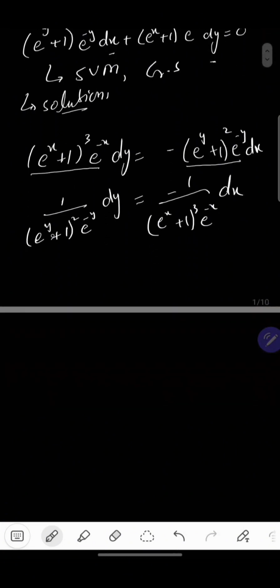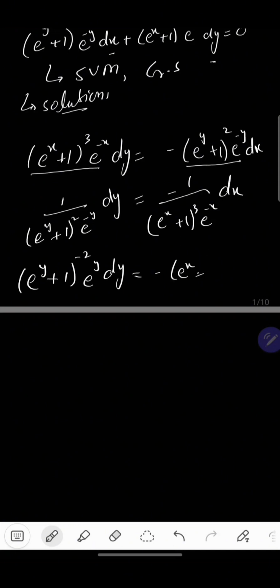Now I will shift the denominators to the numerators on either side. The power of e becomes positive because it was negative in the denominator. We get (e^y + 1)^(-2) e^y dy, and here also the same case, (e^x + 1)^(-3) e^x dx.